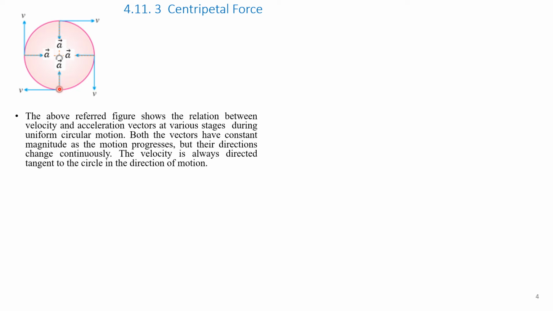At the fourth point, acceleration is upward, velocity is on the left side. So their directions are changing continuously. The velocity is always directed along a tangent. The velocity vectors at the four points are tangent to the circle in the direction of motion.